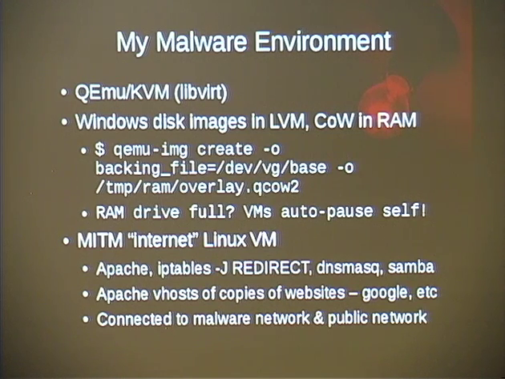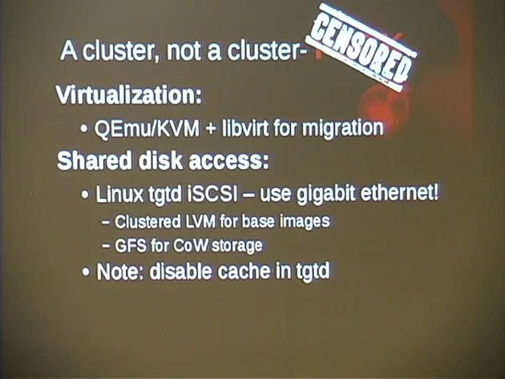So that environment I described earlier, where you had a whole bunch of people running virtual machines off a centralized disk image, it's basically a cluster, but it doesn't have to be all that complex. It's pretty much already there in Fedora and any Linux OS that's got libvirt for its virtual machine management. If you use the shared disk access, you probably want to use something like the Linux software iSCSI target daemon.